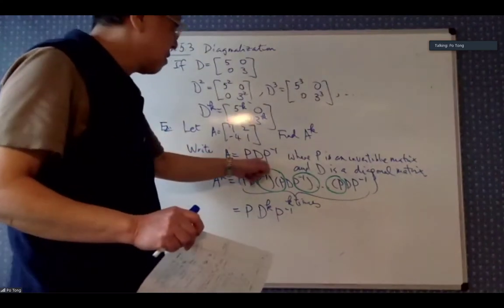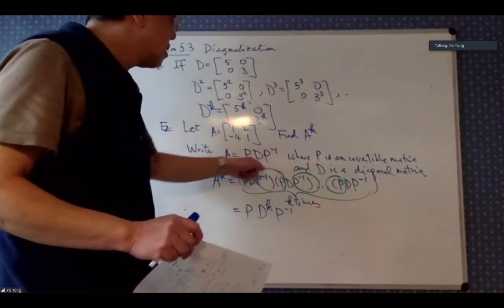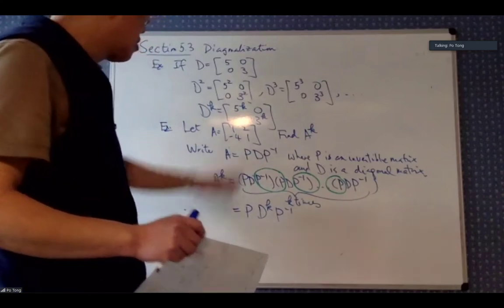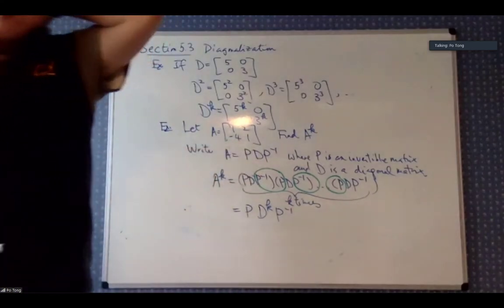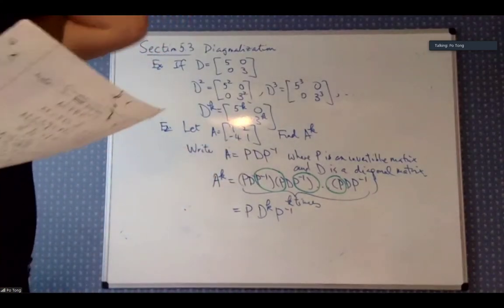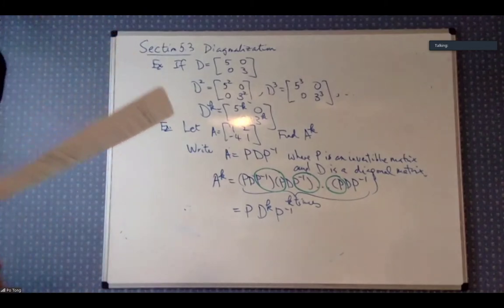So now we boil down to trying to find the P and the D. And this process is called diagonalization. I'll formalize the definition, okay? But I just want to work through the example first, okay?